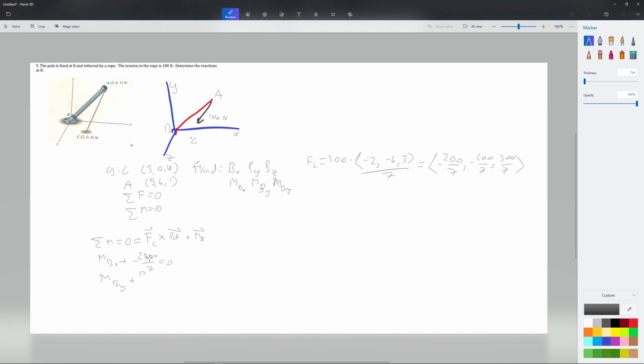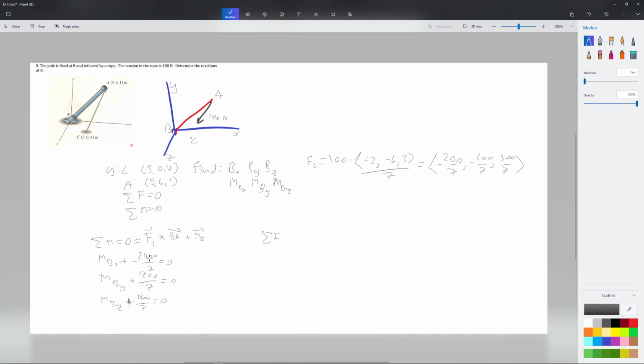This one is 1700 over 7. That's a great 1700. And this one is positive 1800. And those are all trivial to solve.